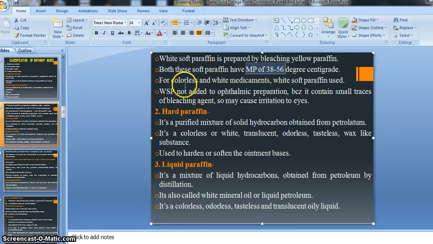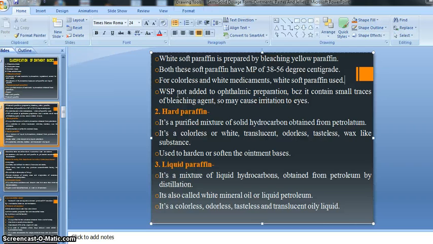Then for colorless and white medicaments, white soft paraffin is used, right? We know that two kinds of paraffin are given, yellow and white, but white soft paraffin is obtained from the yellow soft paraffin.